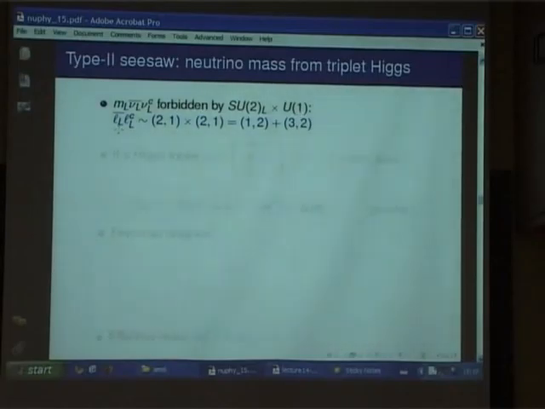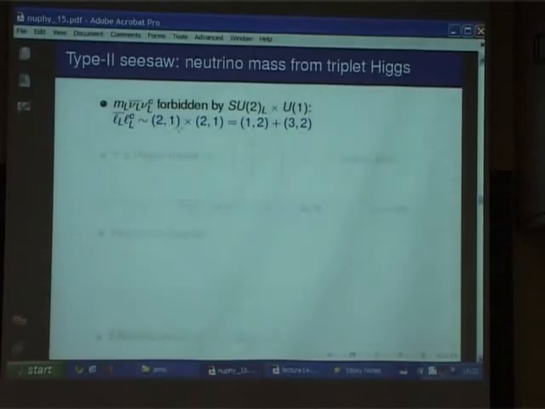So what is this? If you had LL bar LLC, so LL is 2, 1, so doublet under SU2, hypercharge 1. LLC is 2, 1. LL bar is also 2, 1. Same hypercharge. So if I combine them, I actually get again spin.